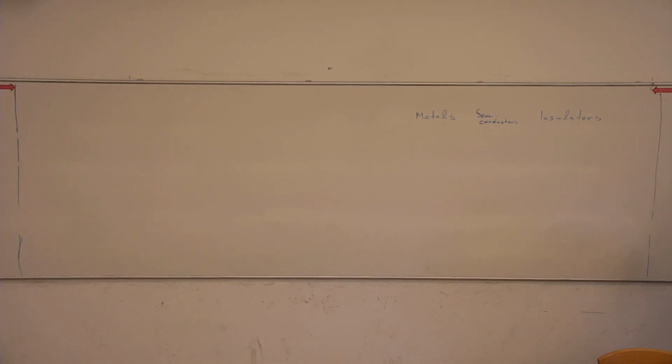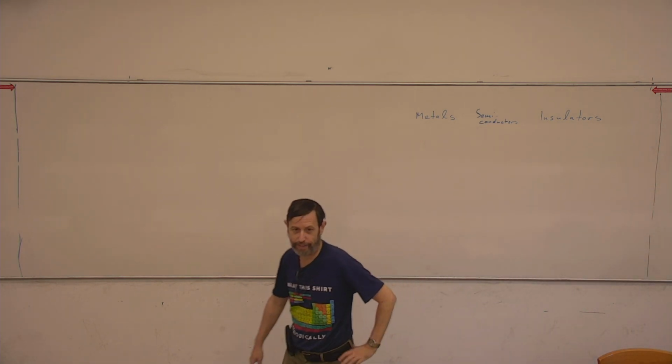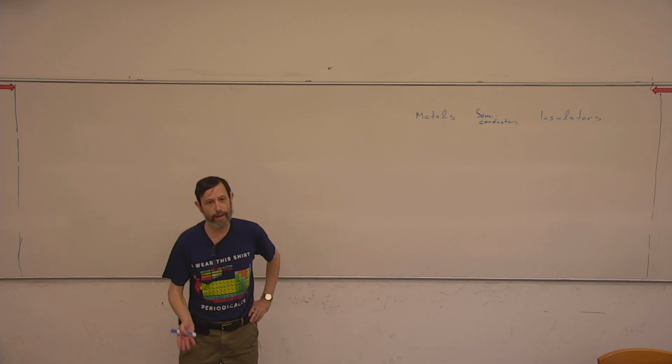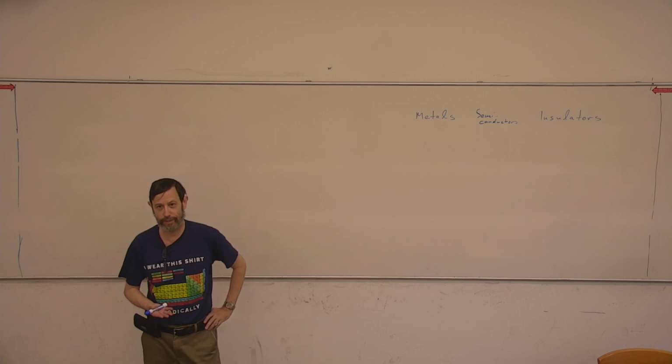Okay, so I've argued that metals are good conductors, insulators are very bad conductors. How good is good and how bad is bad? Well, that's not a very clear criteria.